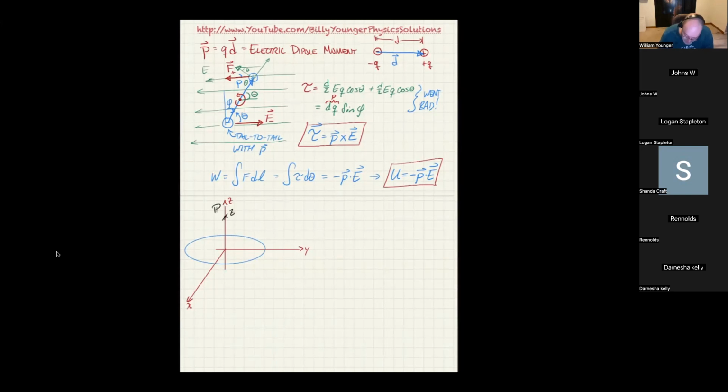And I'm going to add a little oval of charge, not unlike the ring of charge we had before.